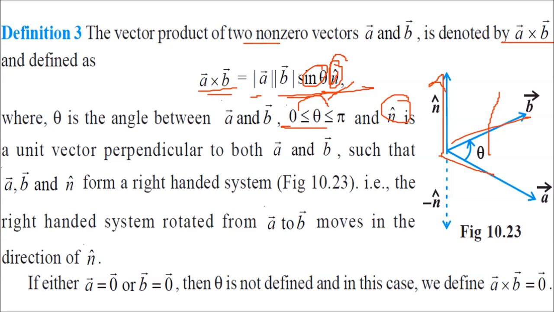Sine 0 is 0 and sine pi by 2 is 1, while cos 0 is 1 and cos pi by 2 is 0. So when sine theta is 0, a cross b will be 0.